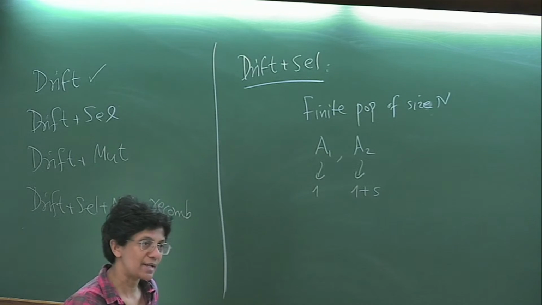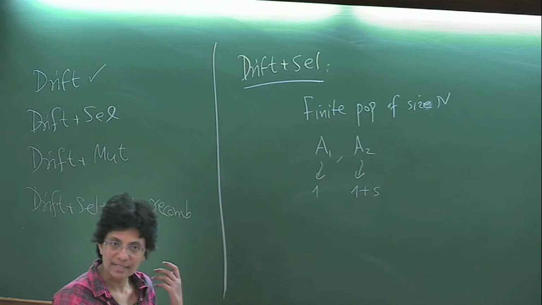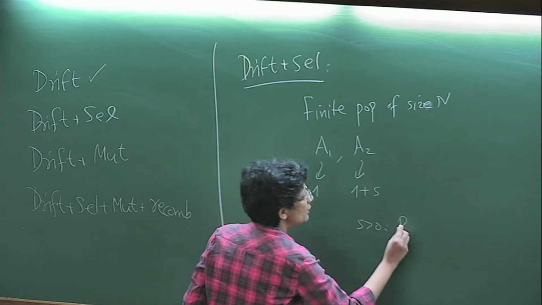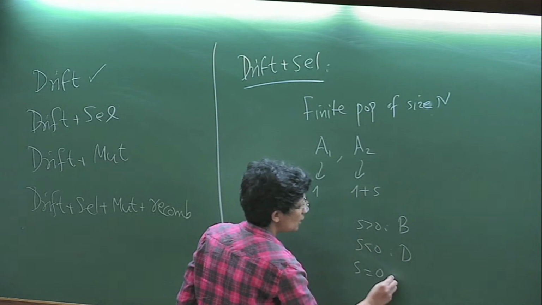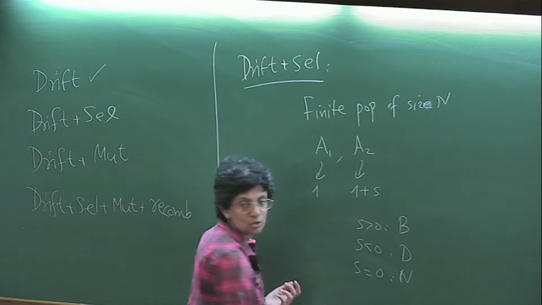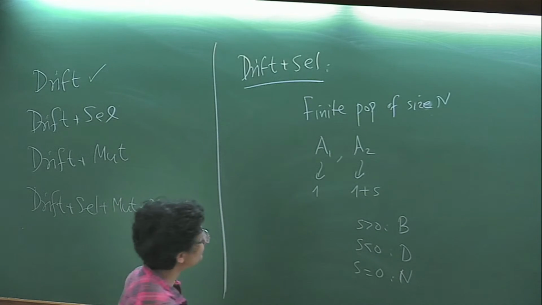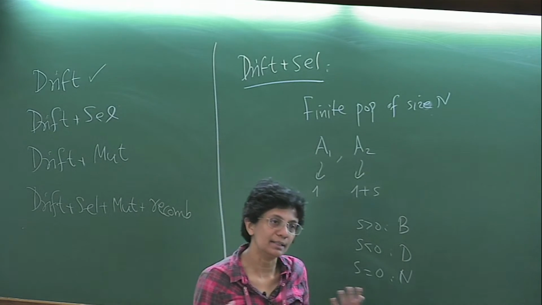So if S is positive, then A2 is a beneficial allele. If S is negative, it's deleterious. And if S is 0, then of course, we are back to the neutral model, right? So this is a general model. And what do you think will happen in this model?